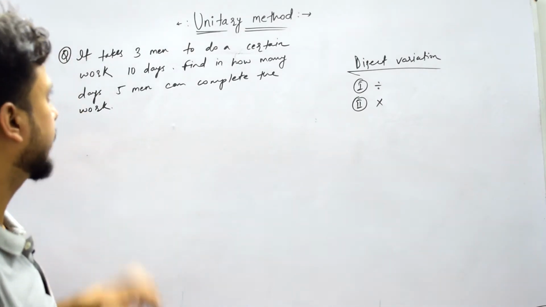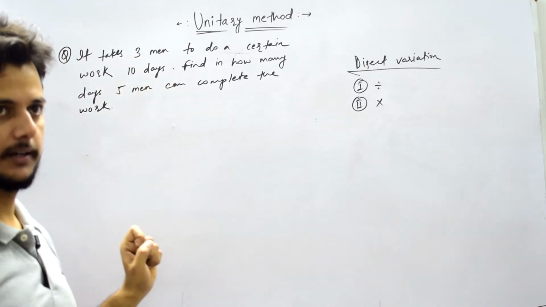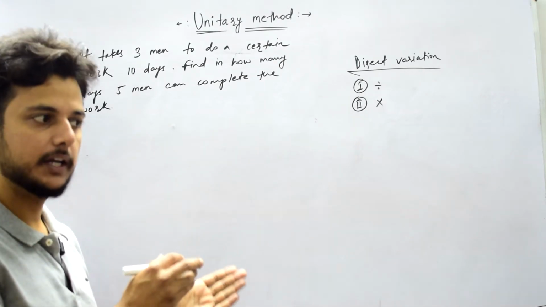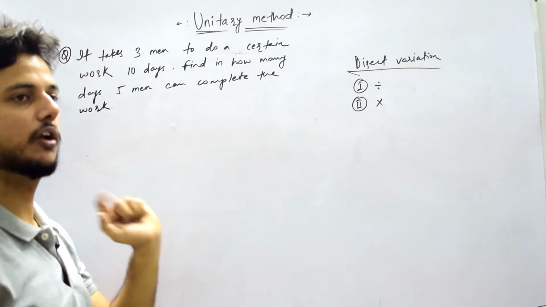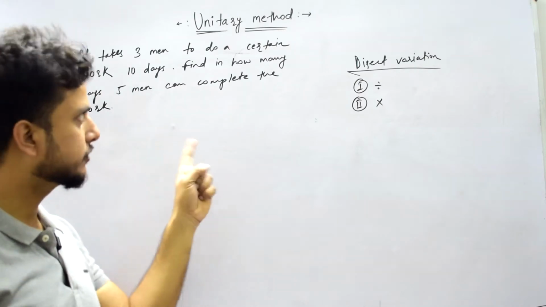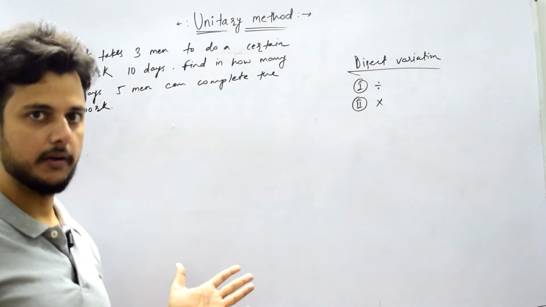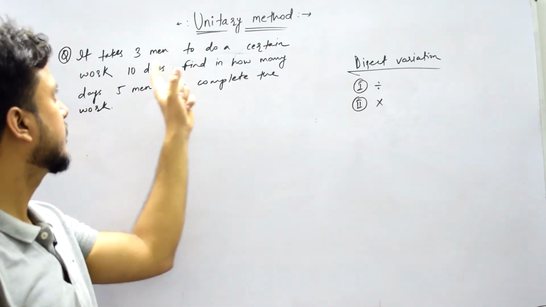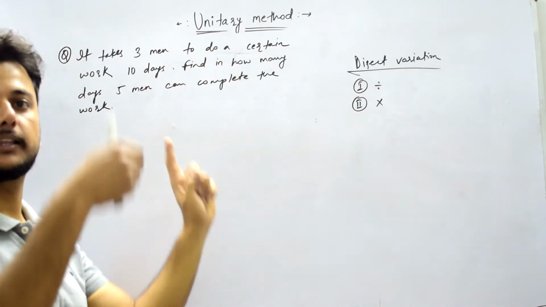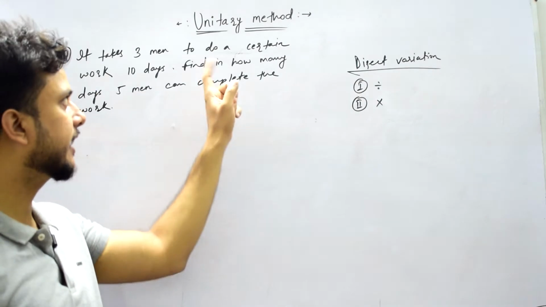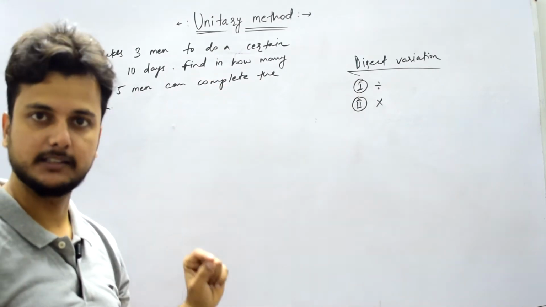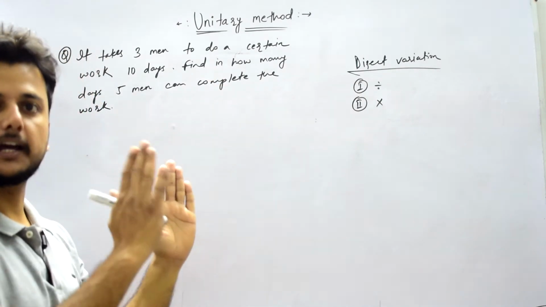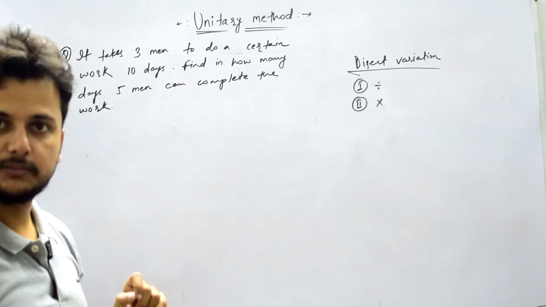This is an inverse variation question. How? More men can do the same work in less time. If the number of men increases, the number of days decreases. If one increases, the other decreases: inverse variation.